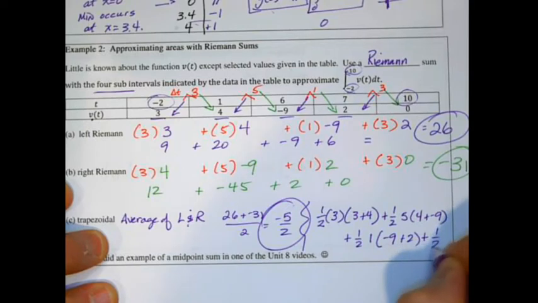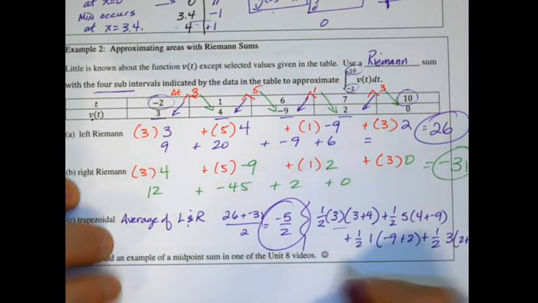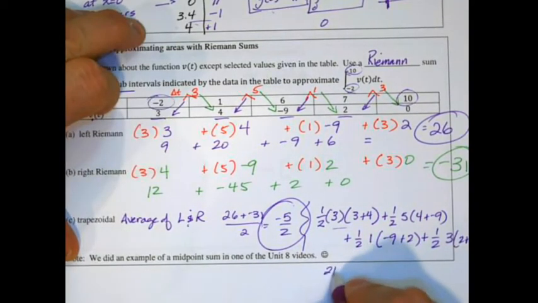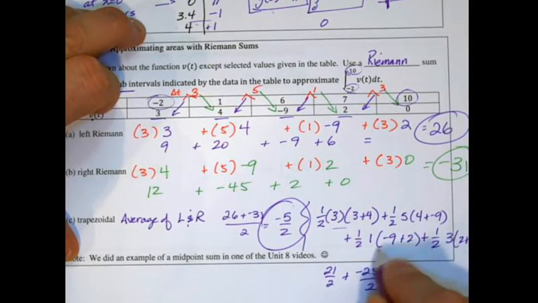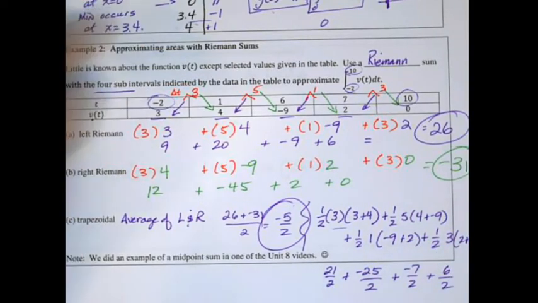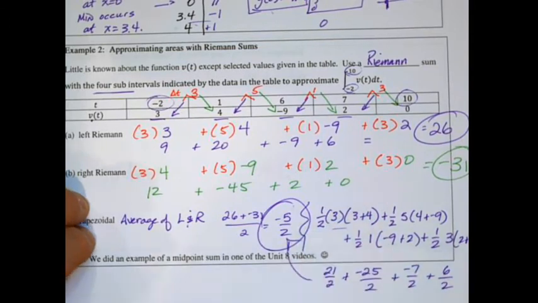And then I take 1 half of 3 and go from 2 plus 0. So this would be 21 halves plus negative 25 halves. I'm just going to keep them as halves. That's negative 7 halves, and this is 6 halves. If you notice, those will add up to be, and you can do that with your calculator, negative 5 halves.